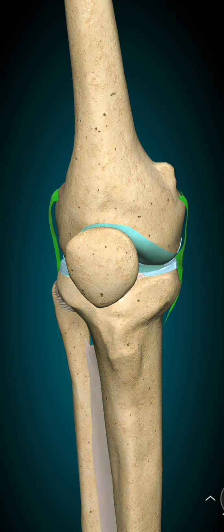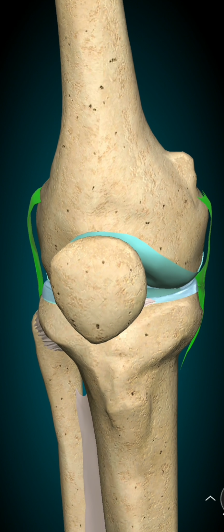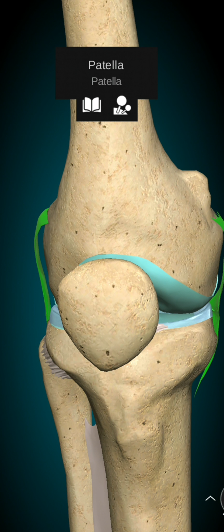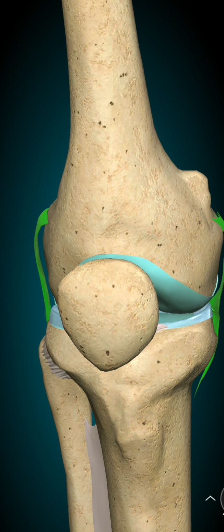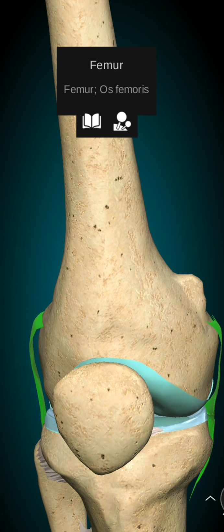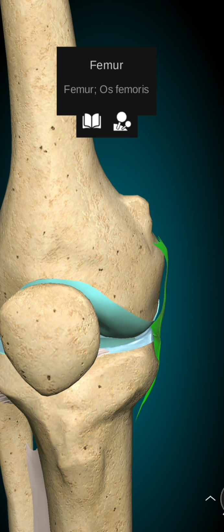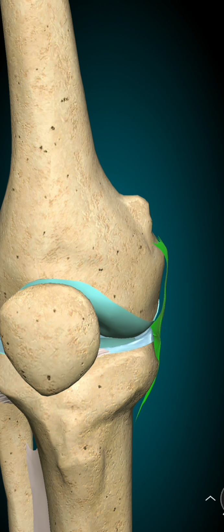Its articular surfaces, as you can see in this picture: first we have this bone, the patella, or the kneecap, and here we have the femur. This blue surface that you see over here is the patellar surface of the femur. This is where the patella articulates with the femur.